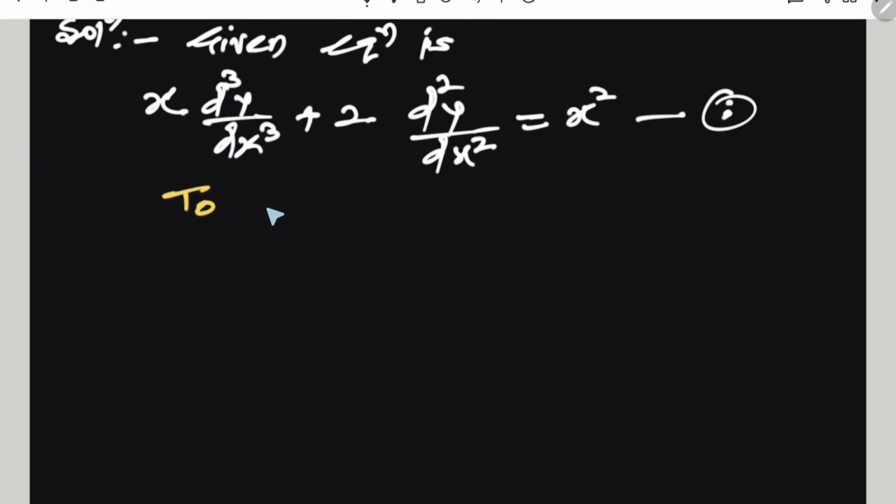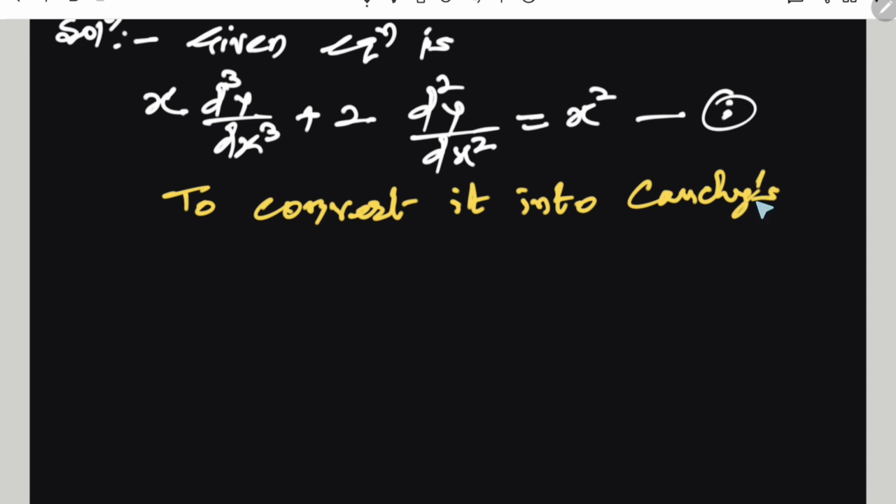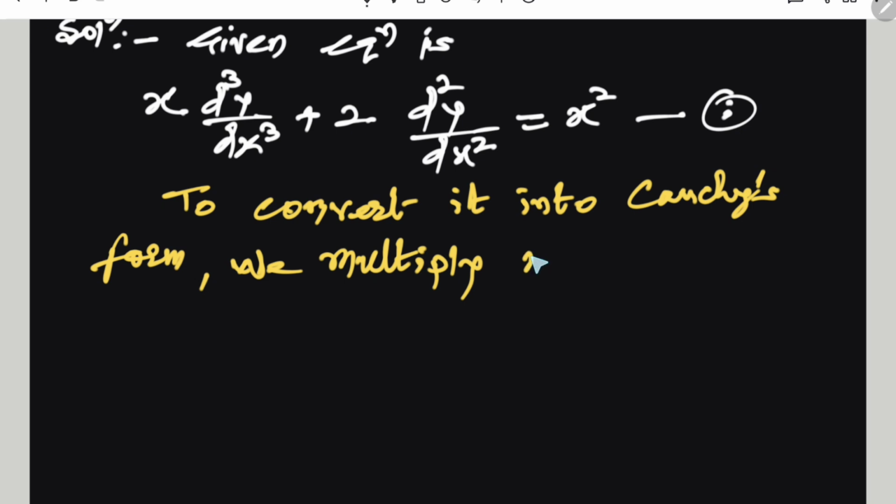Multiplying equation 1 by x square so that equation 1 is converted to a linear equation in Cauchy's form. Therefore, equation 1 becomes x cube d cube y by dx cube plus 2x square d2y by dx square is equal to x square into x square, it becomes x raised to 4.